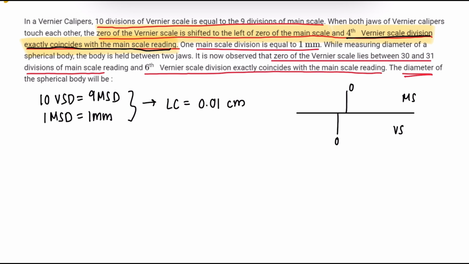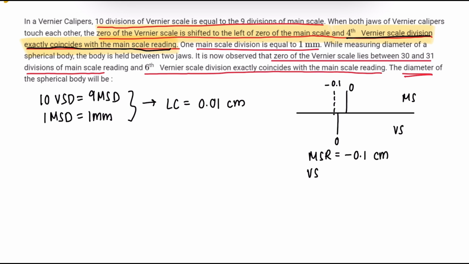So, right here, obviously we would have negative 0.1, as we've discussed in the previous video. This is a negative error. So let's take a look. So the main scale reading is negative 0.1 centimeters.